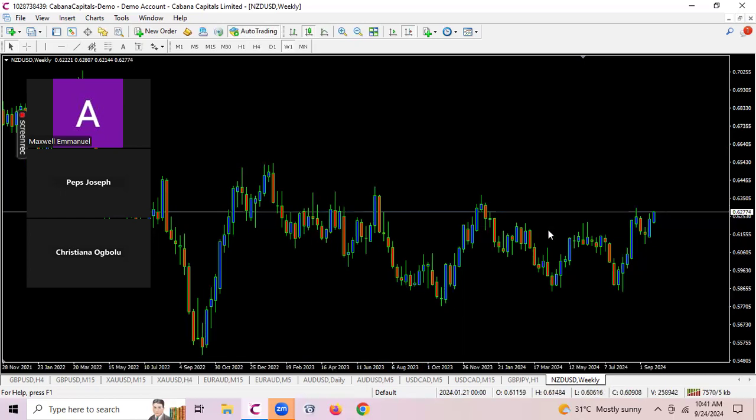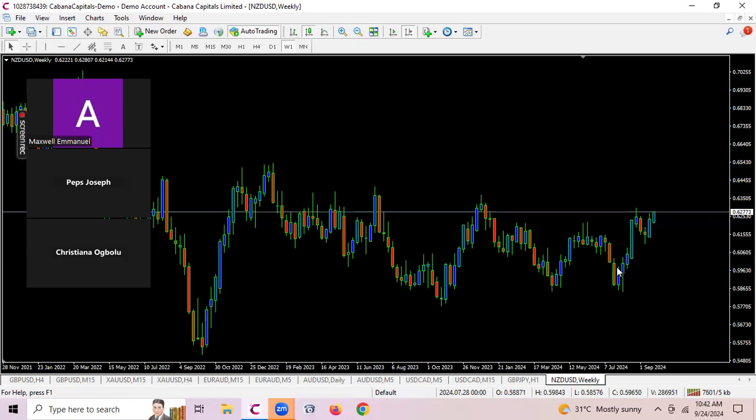I observed that at this point where your cursor is, if you come down, it looks like we are having something like a double bottom there, and a double bottom here. That should be the reason why price made this move up.